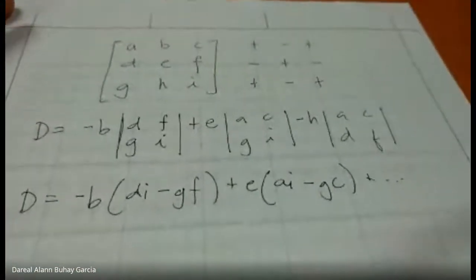So, this becomes negative B times crisscross DI minus GF, plus E times AI minus GC, and so on and so forth. And I think you get the picture. Okay. So that's our mini review.